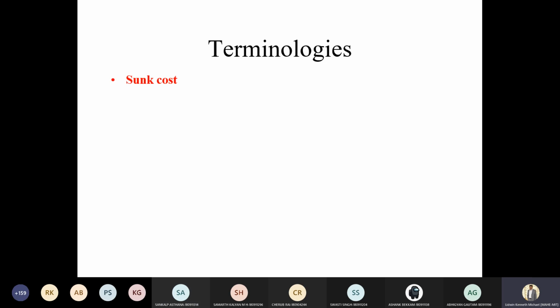What is a sunk cost? What do you mean by the term sunk cost? It's a very important thing you need to keep in mind.